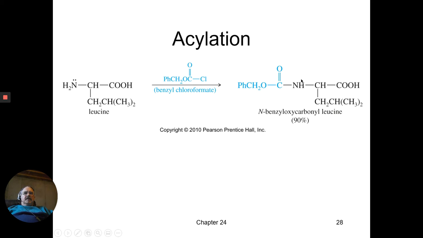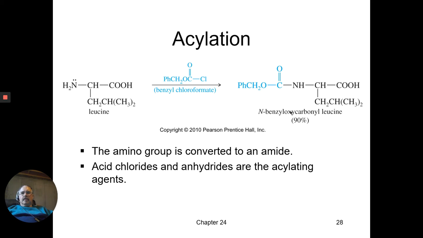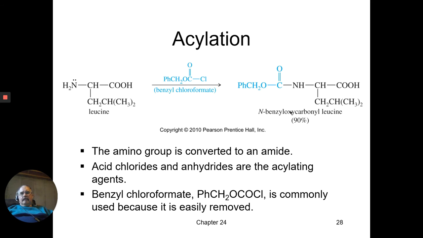Okay, so acylation of the amino group can be achieved with a reagent such as benzyl chloroformate, which forms an N-benzyloxycarbonyl derivative. And again, this is used as a protecting group. The reason that this particular protecting group is used is because it can be easily removed when it's no longer needed.